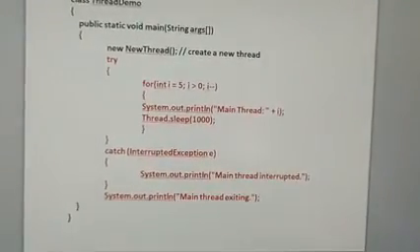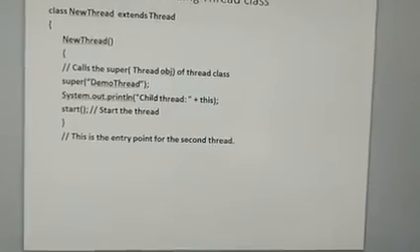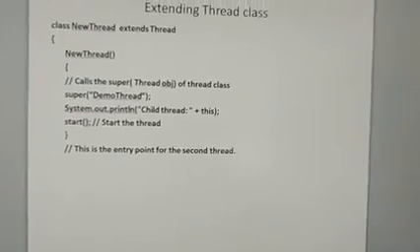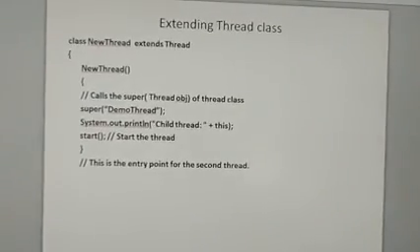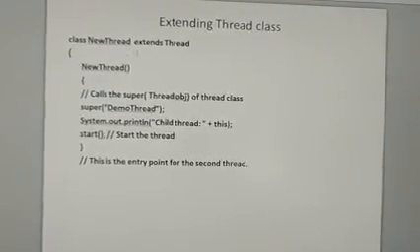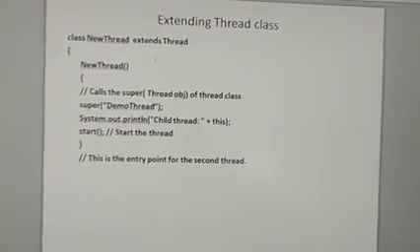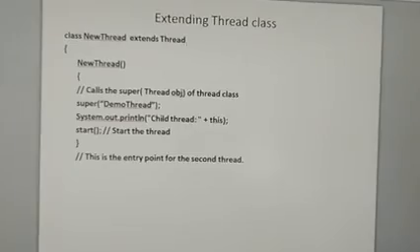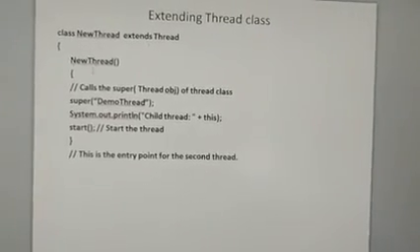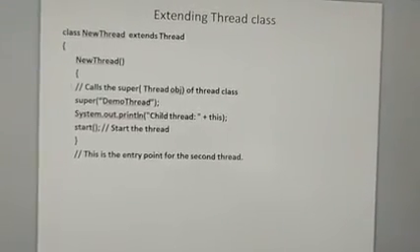Now again we come to this slide. Here we are creating a new thread class by extending the Thread class. Here we are not implementing, since Thread is a class itself, and we do not have to create the object here also. I will discuss it later on.